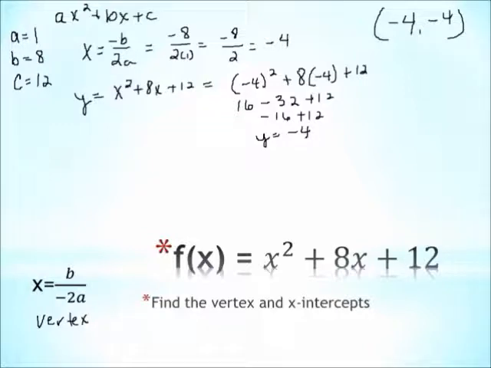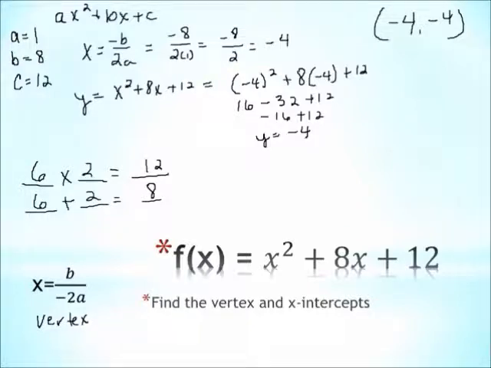Then the problem says let's find our intercepts. As I showed in the last problem, we are looking for factors of 12 that when we add the same numbers, it actually equals 8. So we're looking probably for 6 and 2. So that gives us x plus 6 and x plus 2.